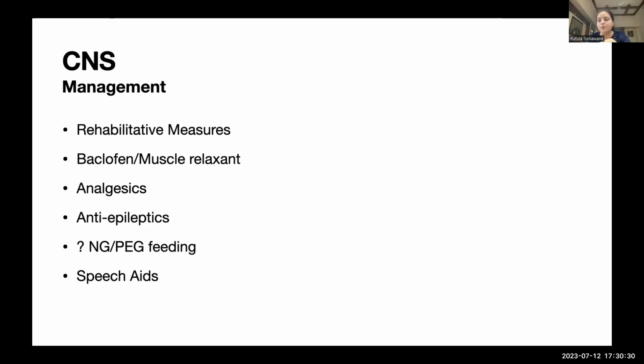So PEG feed would be the one which prevents any aspiration, but an NG tube might sometimes lead to aspiration as well. So there are mixed reviews, but it depends. PEG insertion is a bit more costly in our country and in our place. So depending upon the affordability of the patient, you can go for PEG insertion, but an NG tube is still the preferred one most of the time.